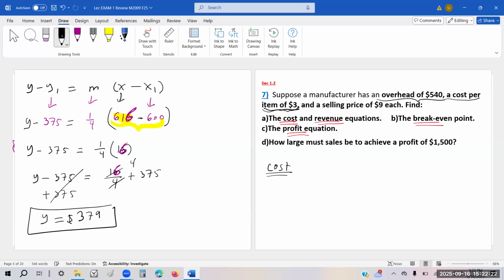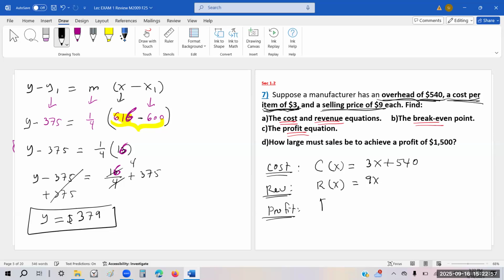So C of X. What's the cost function for this scenario? Cost per item is $3 and you have overhead cost 540. 3x plus 540. Perfect. Now revenue. Excellent. Revenue. You are selling each item for $9. 9x.